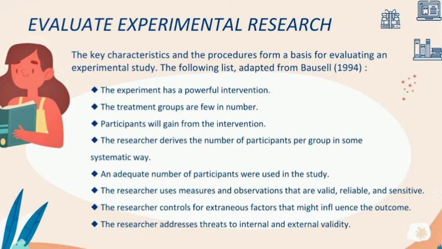And then an adequate number of participants were used in the study, and then the researcher uses measures and observations that are valid, reliable, and sensitive, and then the researchers control for extraneous factors that might influence the outcome, and the last, the researcher addresses threats to internal and external validity.